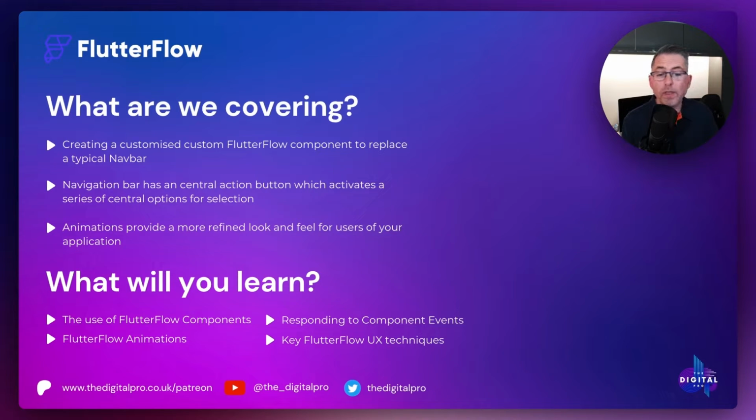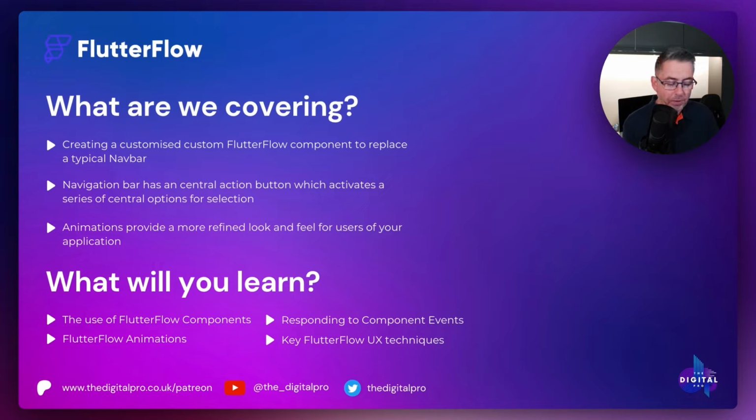So what are we covering then? We are creating this custom FlutterFlow component that's going to replace a typical navbar. Often within these mobile applications, the navbars can look a bit boring and not really have a lot of interest about them, but this allows you to create something custom for your FlutterFlow application.